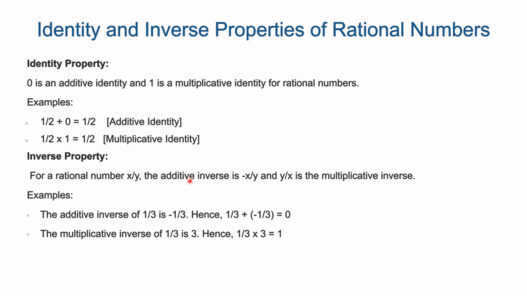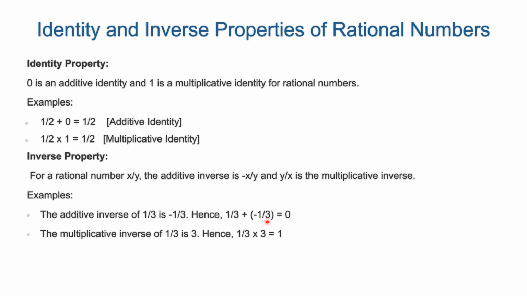So what is the additive inverse? We just have to change the sign. If we have a rational number x upon y, then the additive inverse is minus x upon y. If we have the rational number minus x upon y, the additive inverse is plus x upon y. Just change the sign. For the multiplicative inverse, just take the reciprocal of it: the numerator changes with the denominator and the denominator changes with the numerator.